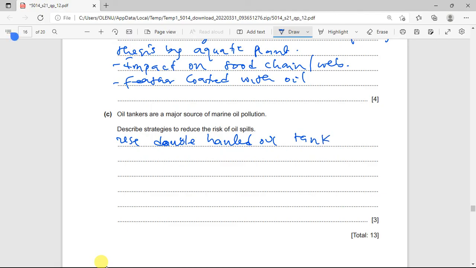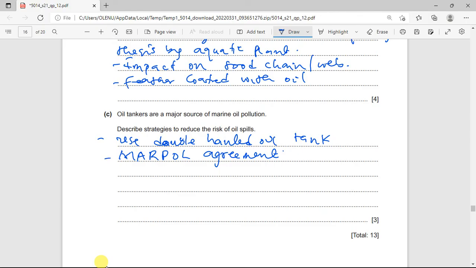You should also always remember the MARPOL agreement, marine oil pollution. Just write it this way and you get the full mark: MARPOL agreement.